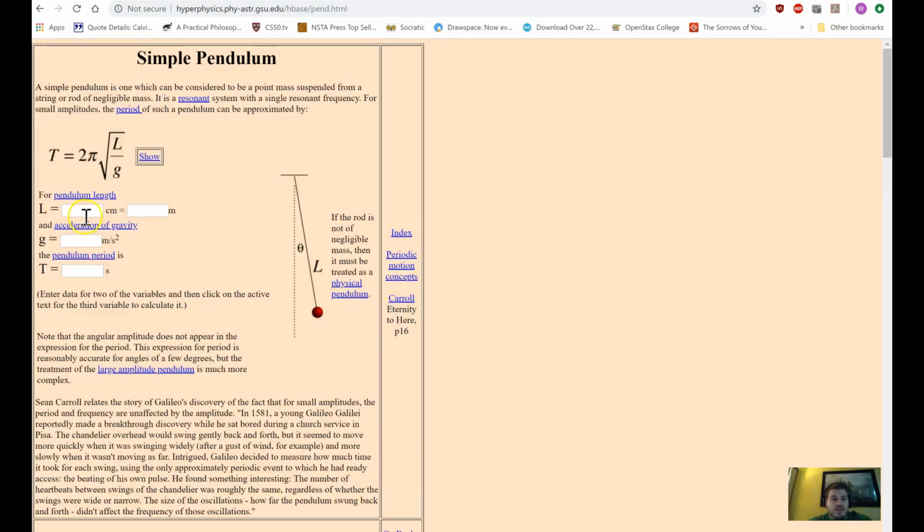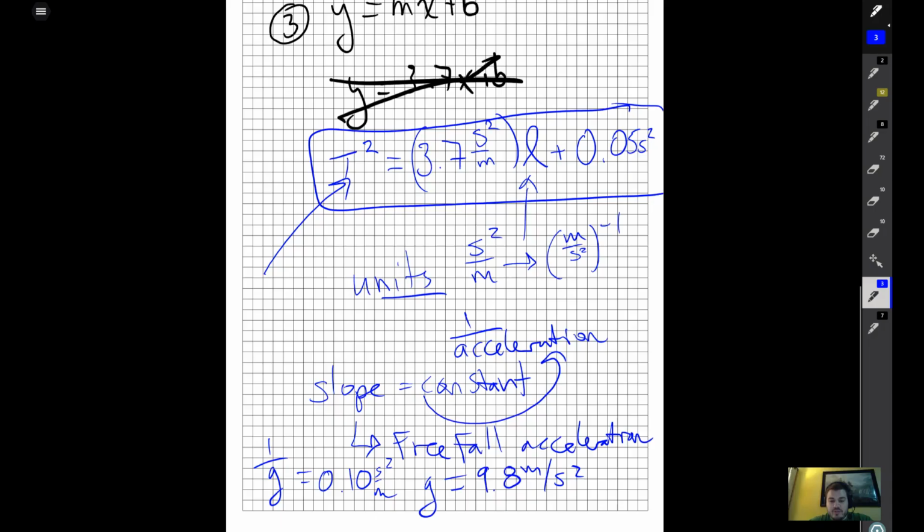You can find it all over the place. If you look at your equation sheet for the AP Physics C exam, you will see this there too. Notice that it's similar to our equation. So let's write this on our little sketch pad here. We have this equation: period equals 2 pi square root of L over g.